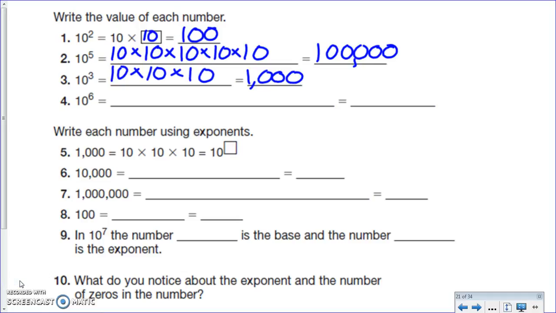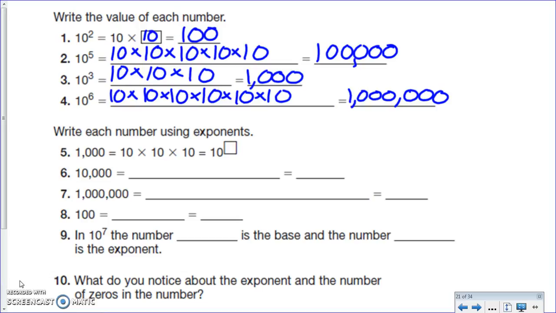For 4, we have 10 to the 6th, so that's going to be 6 tens multiplied, which gets us 1 million. For 5, we have 1,000, which equals 10 times 10 times 10, and they want us to write each number using exponents.